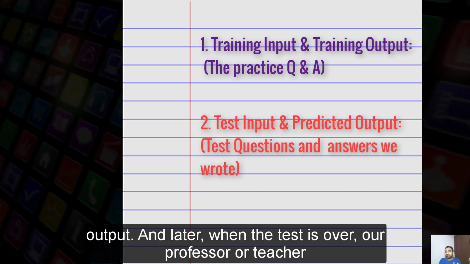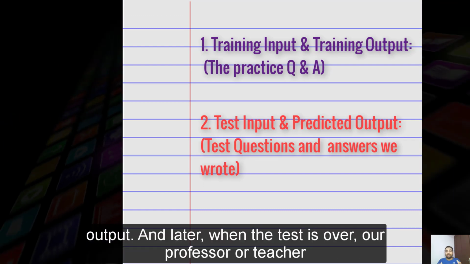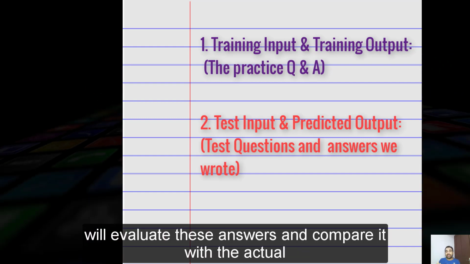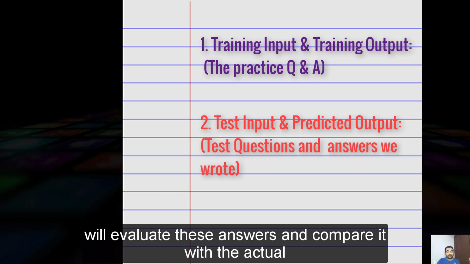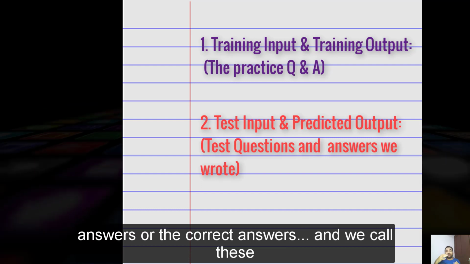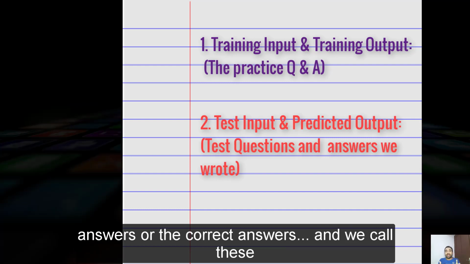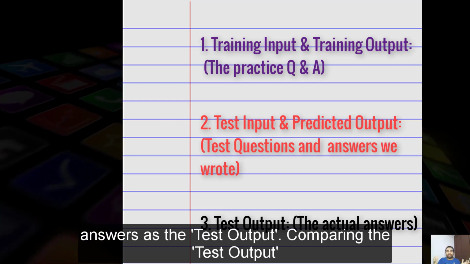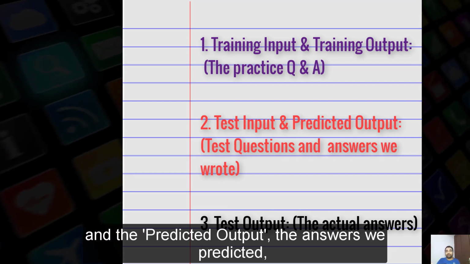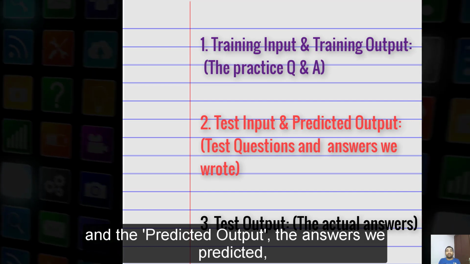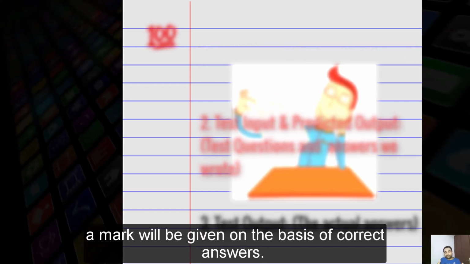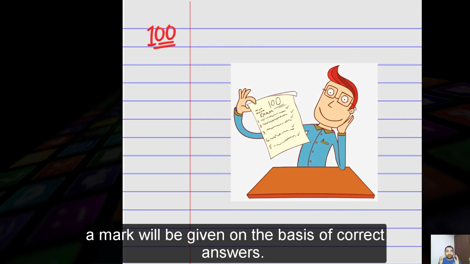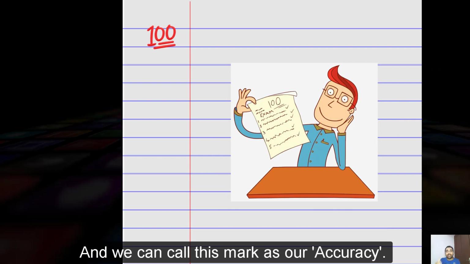And later, when the test is over, our professor or teacher will evaluate these answers and compare them with the actual or correct answers. We call these correct answers the test output. Comparing the test output and the predicted output, the answers we predicted, a mark will be given on the basis of correct answers, and we can call this mark our accuracy.